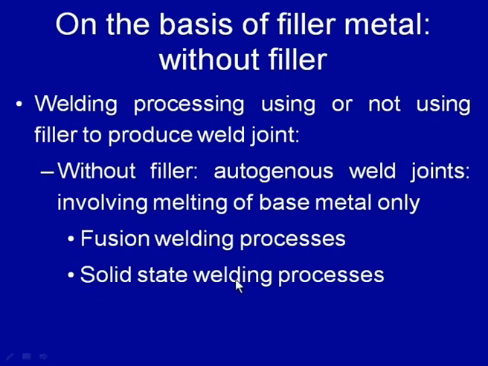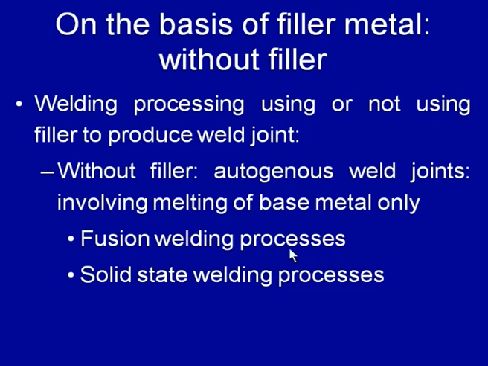Similarly, among the processes where no filler material is used, we have solid state welding processes like friction welding, spot welding, ultrasonic welding and explosive welding, where the metallic continuity is obtained without addition of filler material.